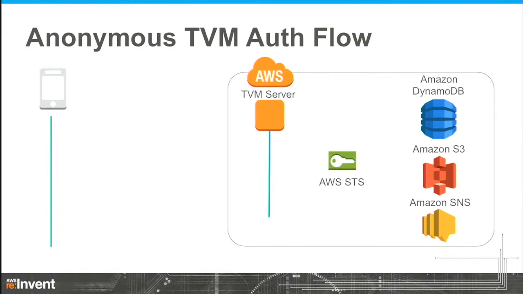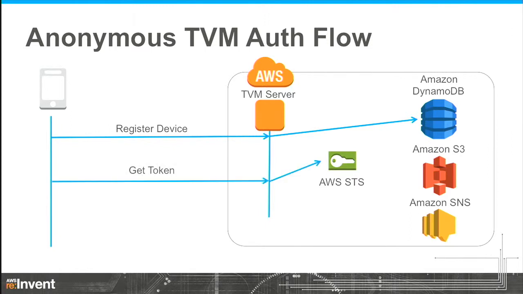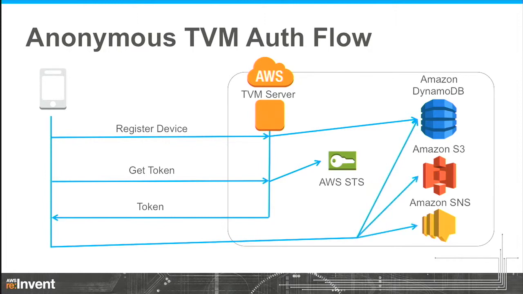But instead of registering a user, we register a device with the token vending machine, which stores a record in DynamoDB. And then after that, we can call getToken, which makes a call to STS to generate our temporary credentials, which is returned to the device, which we then can access resources with.